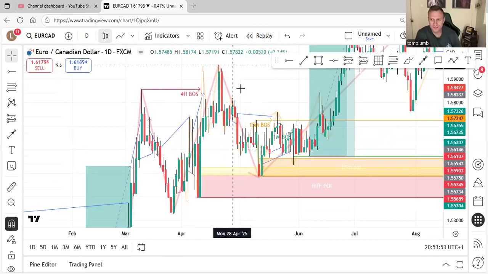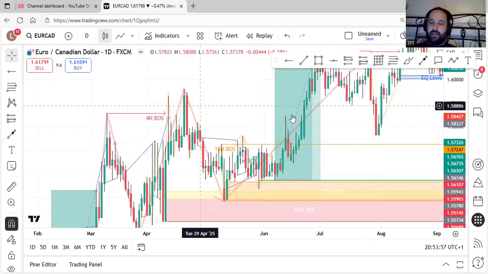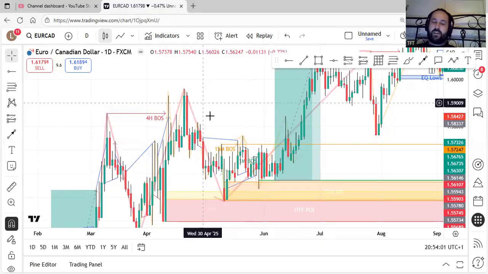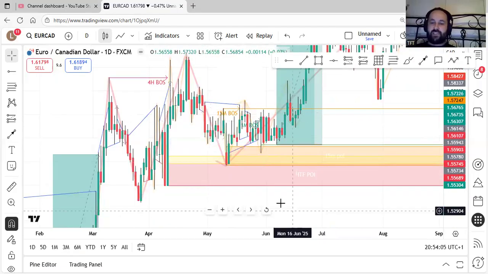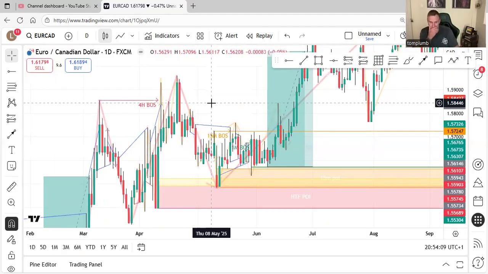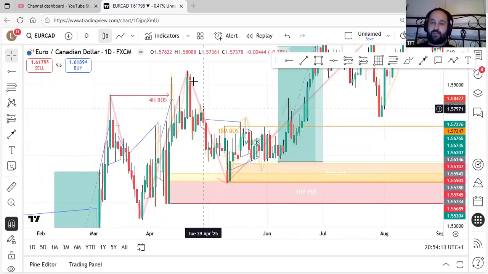As it gets to that 4 hour high, it starts playing silly buggers. I think it smashes through on this occasion, but there's nothing to say that it won't mitigate that and then turn bearish anyway. So just below the high would be a safe bet. Above the high is the actual overall target if you're right.